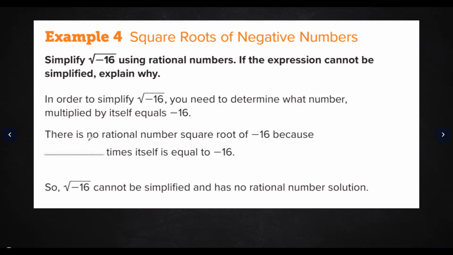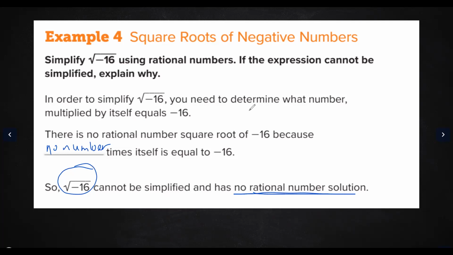So, how do we put it right here? No number times itself equals negative 16. So the square root of negative 16 cannot be simplified and has no rational number solution, okay?